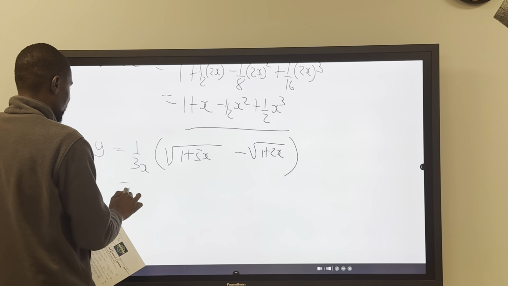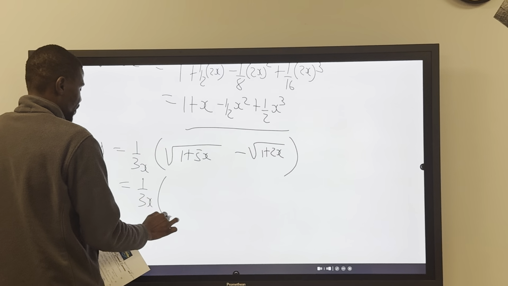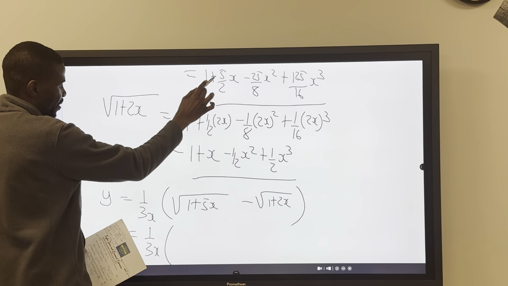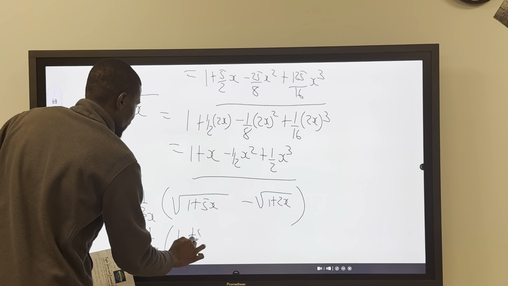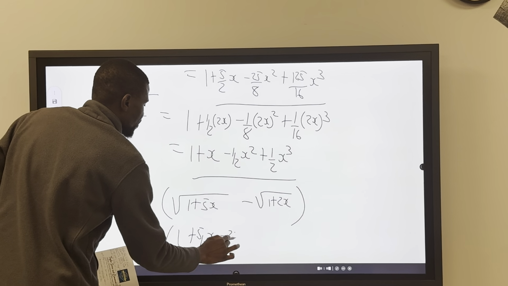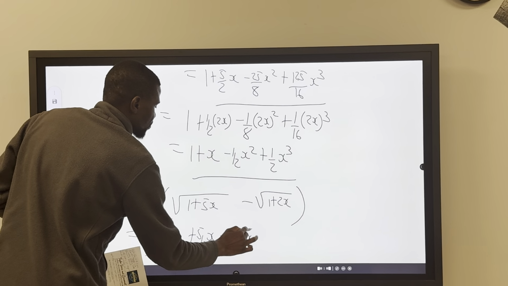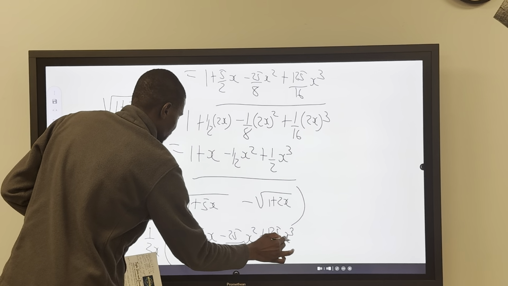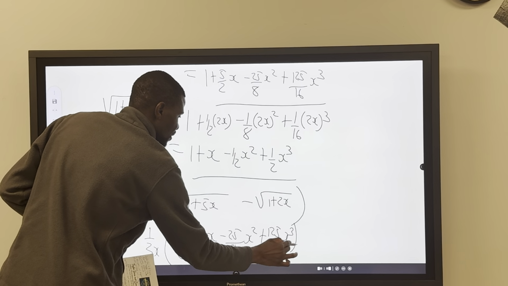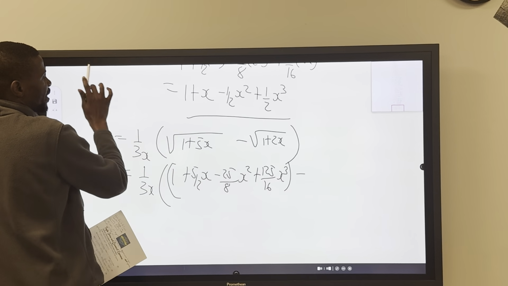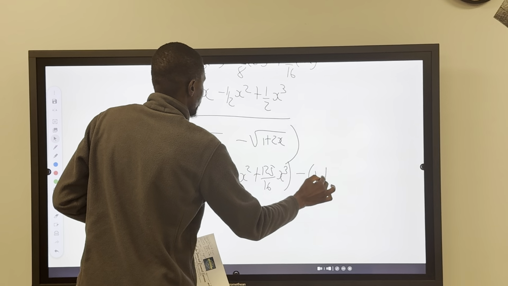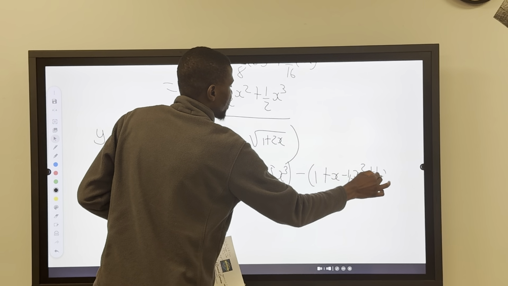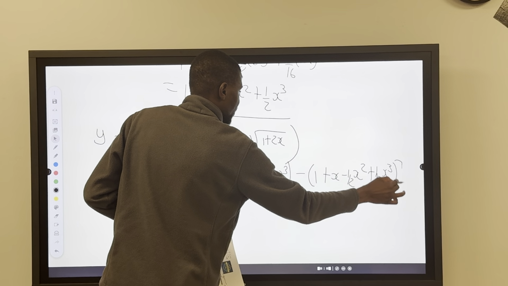So it's simply 1 over 3x, and square root of 1 plus 5x is this one: 1 plus 5 over 2x minus 25 over 8x squared plus 125 over 16x cubed. This subtracting, this one, 1 plus x minus 1/2 x squared plus 1/2 x cubed.